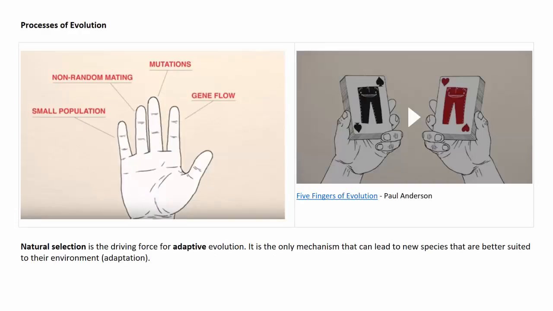Because we know that microevolution can lead to macroevolution, if you can figure out what factors affect the allele frequency in a population, then you know the processes of evolution. And there are 5 of these, which are small population size, non-random mating, mutations, gene flow, and of course the 5th is natural selection.